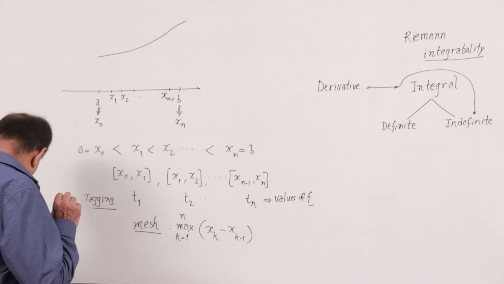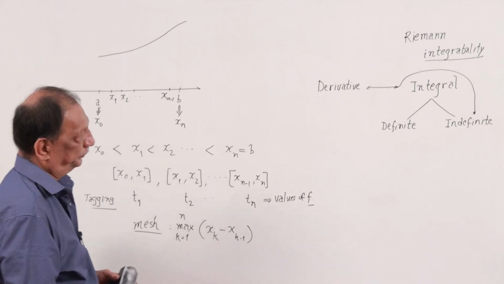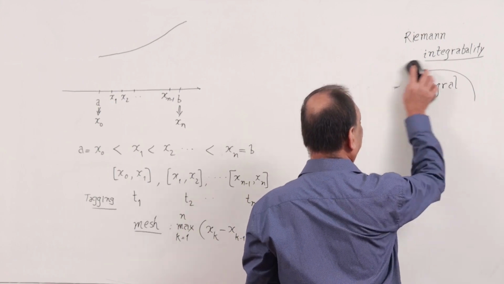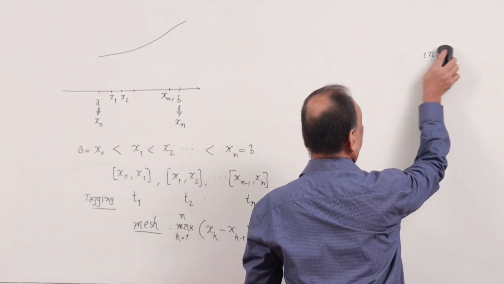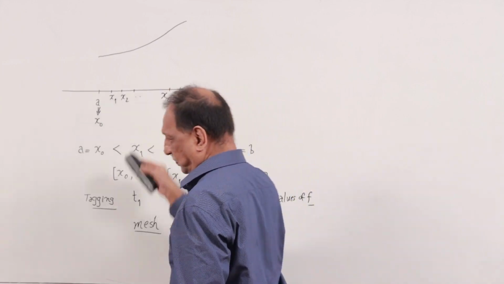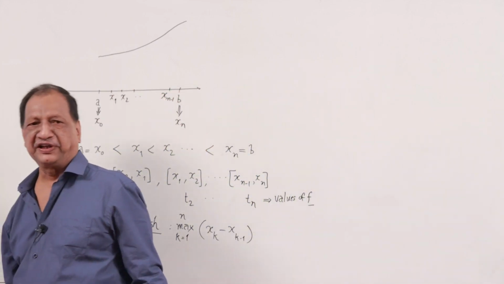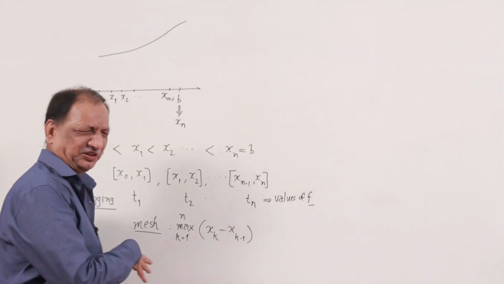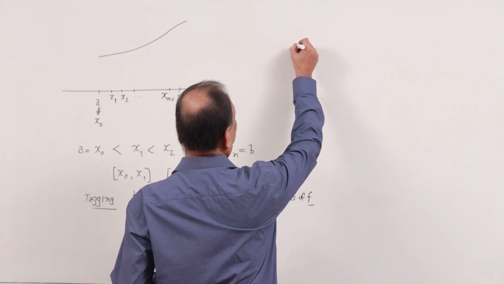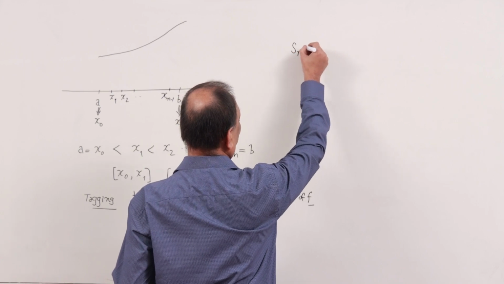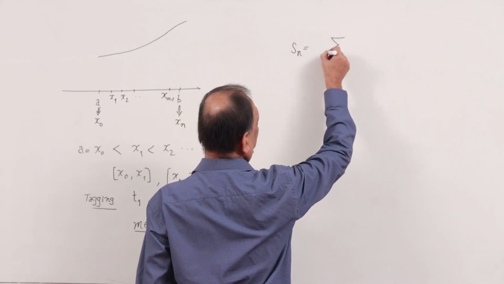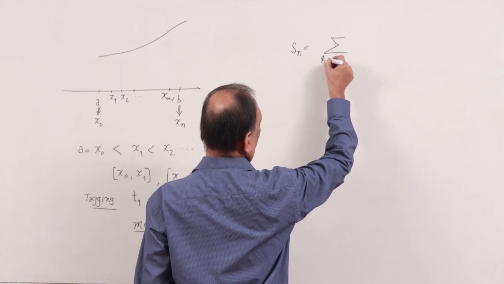Now we define a partial sum, which is going to become the definite integral in the limit. It looks like we are introducing a lot of new nomenclature, but actually the principle is very simple once you understand what I am talking about. So we define a partial sum, you can call it Sn, a sigma k equal to 1 to n.